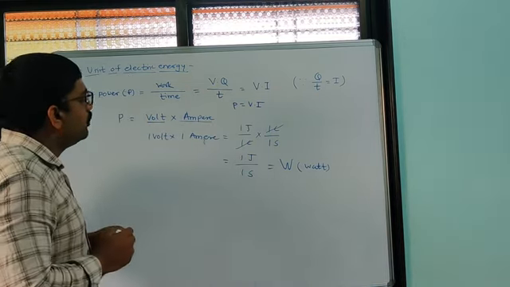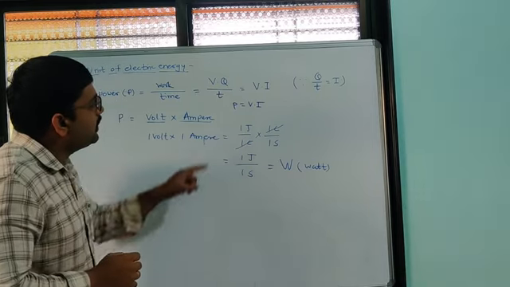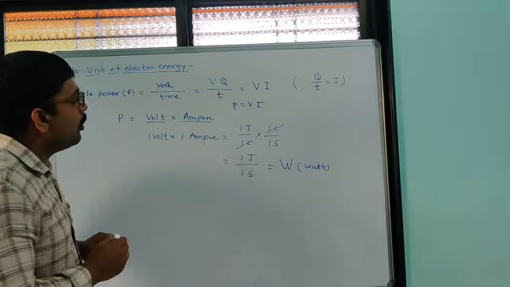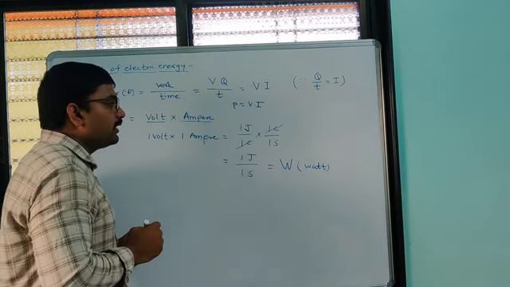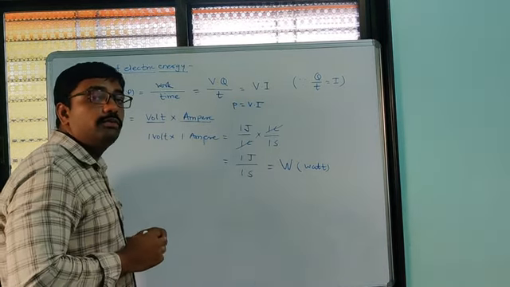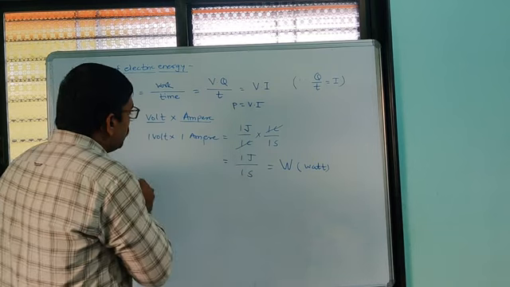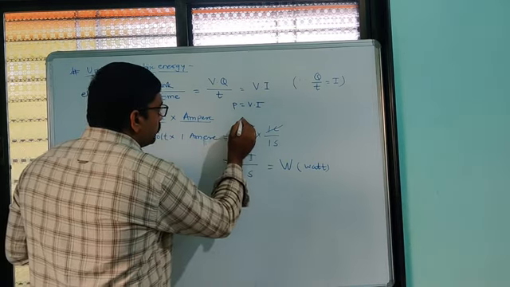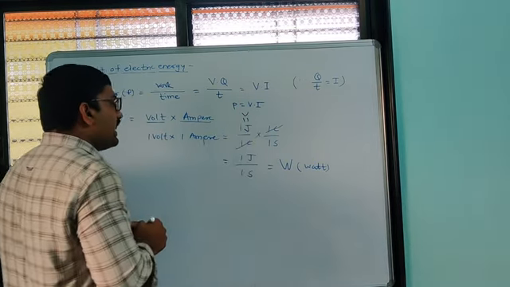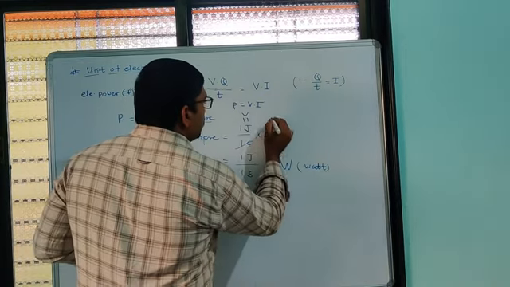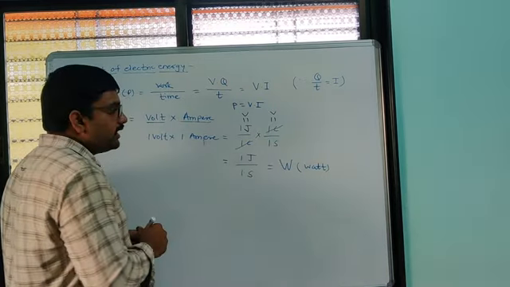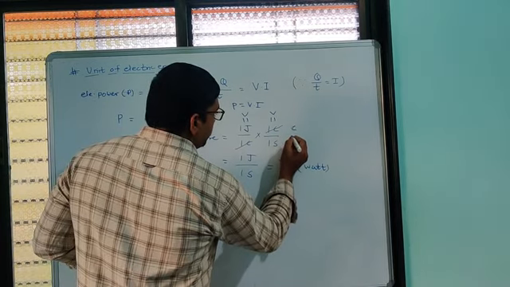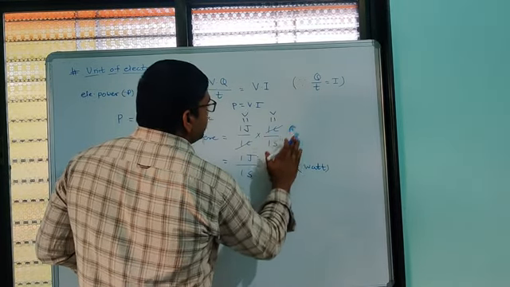Now 1 volt into 1 ampere will be equal to how much? Volt is joule per coulomb. Volt is equal to joule per coulomb, and ampere is what? Charge per unit time. Charge is measured in coulomb and time is measured in second.